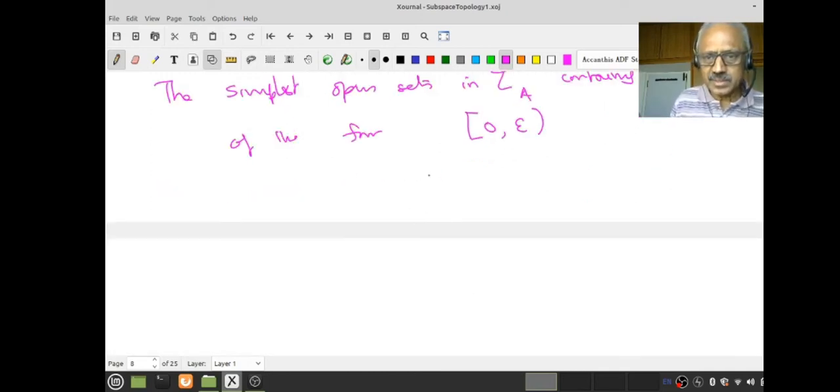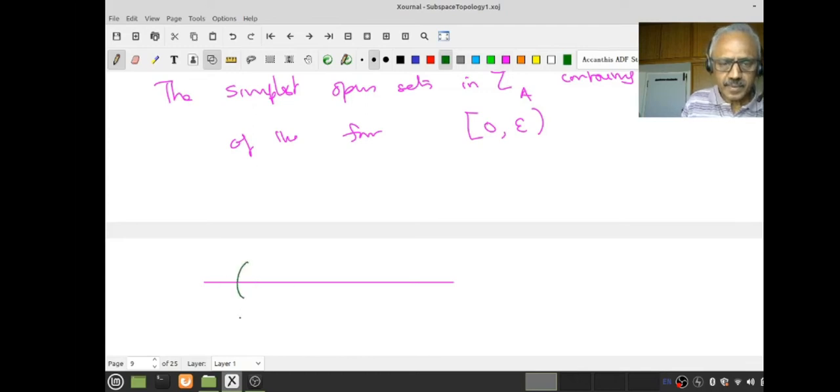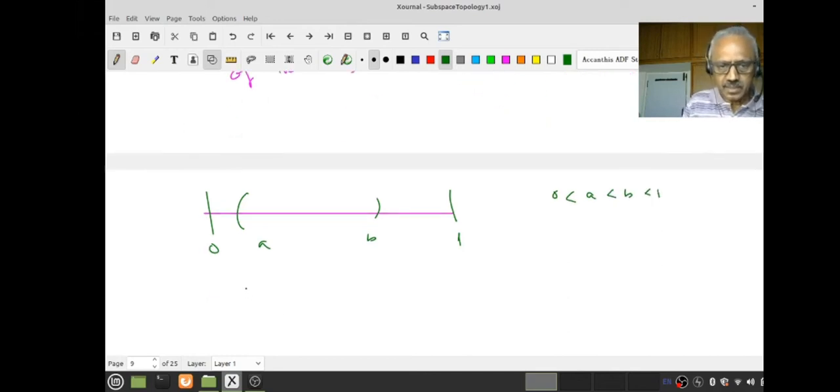Now let's look at this set. Let us say this is my 0, this is my 1, and this is my some a, b, 0 less than a less than b less than 1. Now let's look at this set B, which is the open interval (a, b).